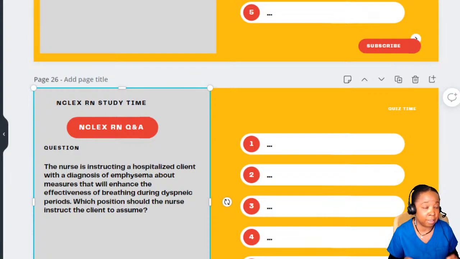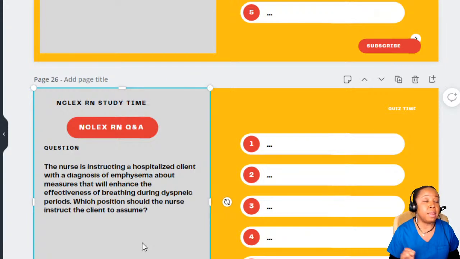You know, emphysema is a type of COPD. Sometimes they might not tell you COPD, they might tell you emphysema. So it's very important to know about the different types of COPD. Okay, so they want to know which position the nurse should instruct the patient to assume. What position do you want the patient to take in order to promote the effectiveness of breathing?